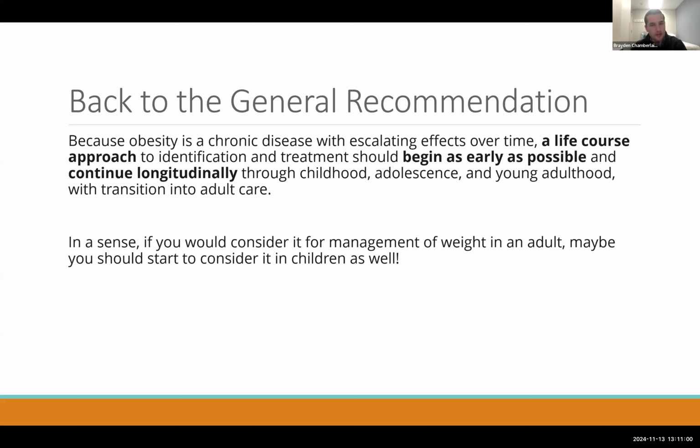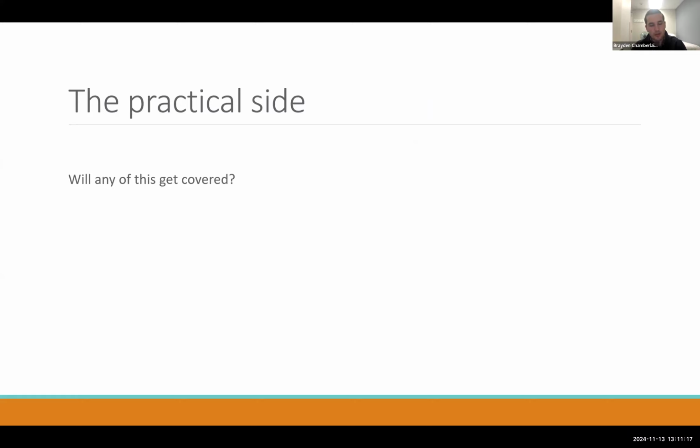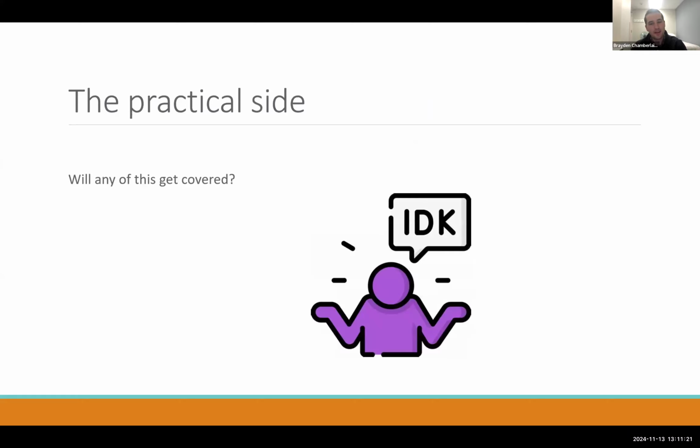Because one day they will be adults, and this is an issue that will carry with them and likely only get worse as they get older, as the predictive models have estimated. So this is a problem we should probably start addressing now rather than later. The practical side: will any of this get covered? I have no idea. I'm just giving you the recommendations.